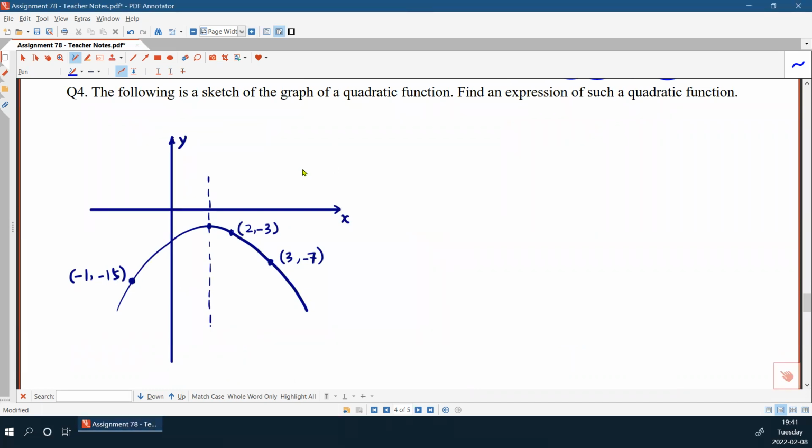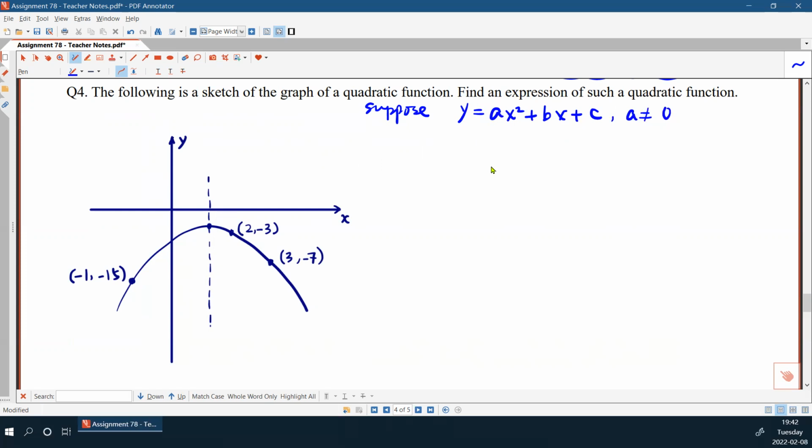All right, so this time we don't know the coordinates of the vertex, but instead we know the coordinates of 3 points on a quadratic curve, right? And the question asks us to find an expression of such a quadratic function. Okay, so suppose the expression of this function is y equals ax squared plus bx plus c, because we don't know the coordinates of the vertex, so we can use a general form of the quadratic function where a is not 0.